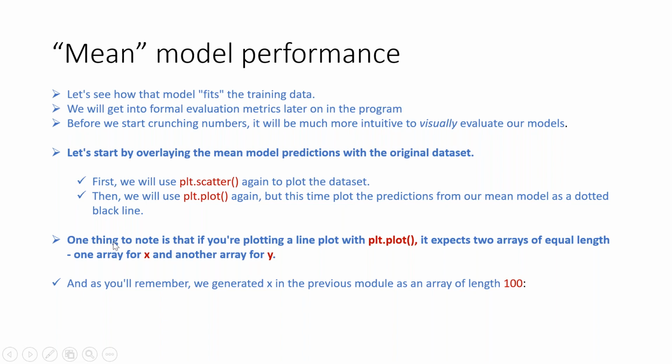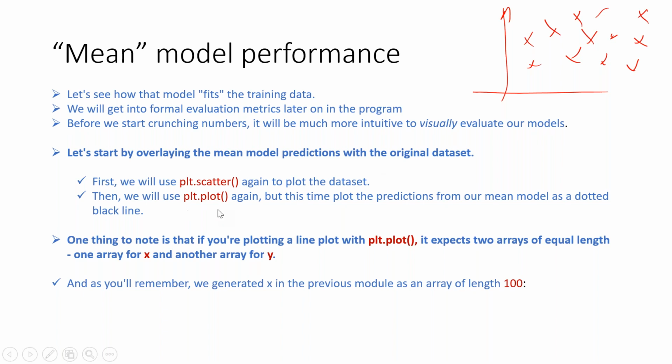So let us plot. We have already learnt there is plt.scatter. We have to pass df.x comma df.y, then it will put a scatter plot of all our x, y numbers.